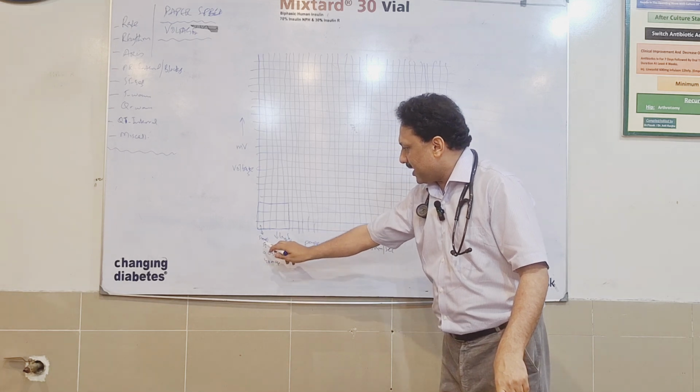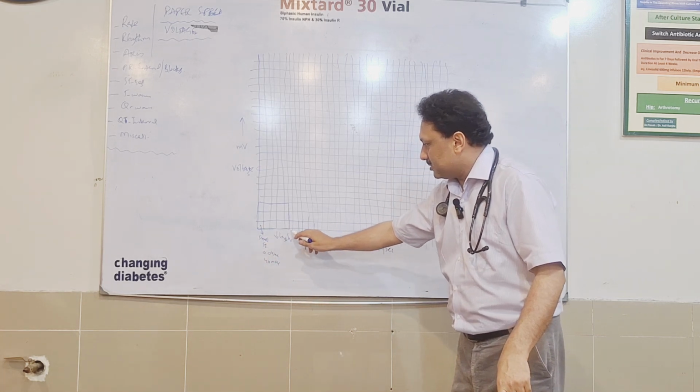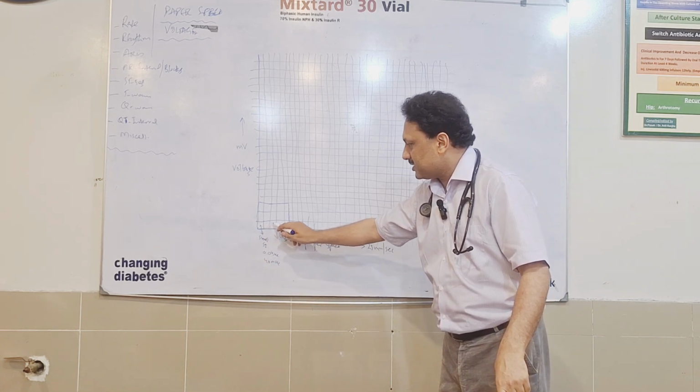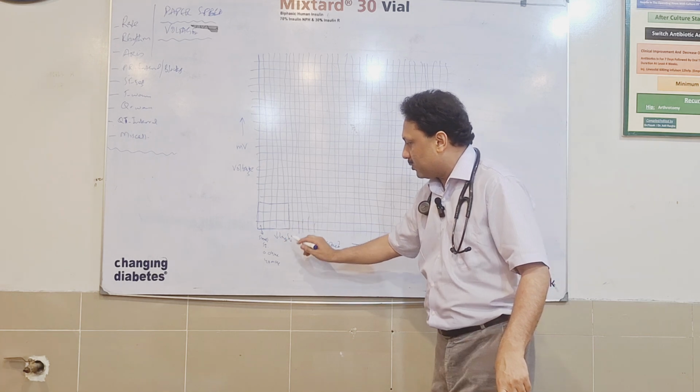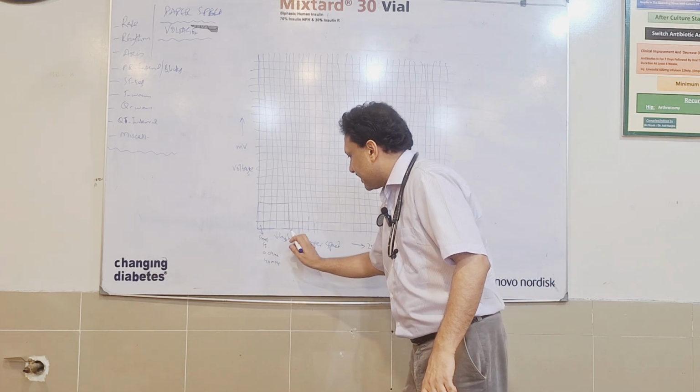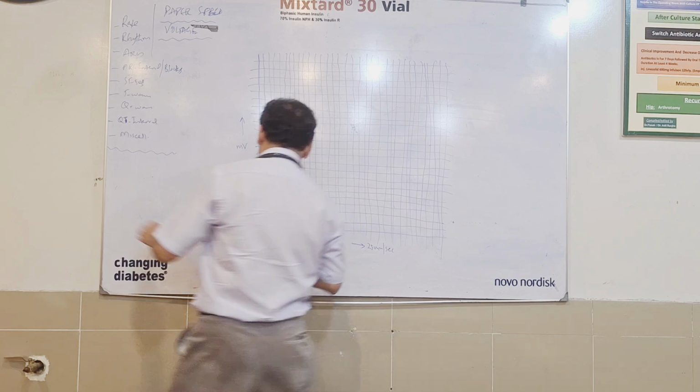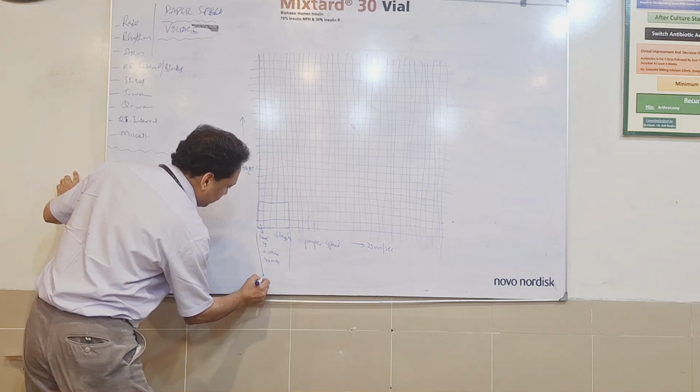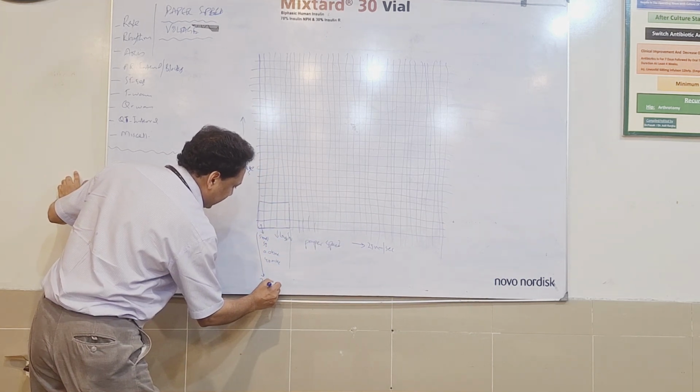Then as we move ahead, we see the large square has 5 small boxes, so it is equal to 200 milliseconds. If I mark it here, this large square is equal to 200 milliseconds.